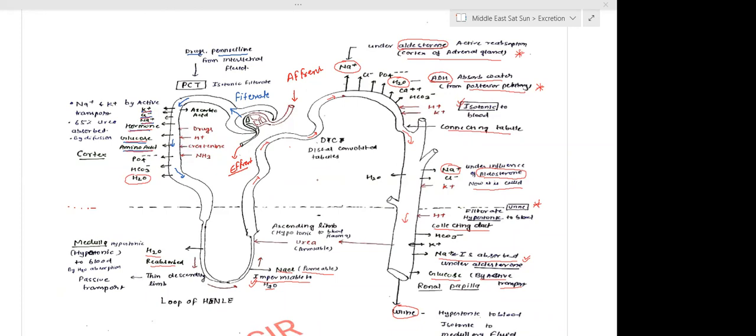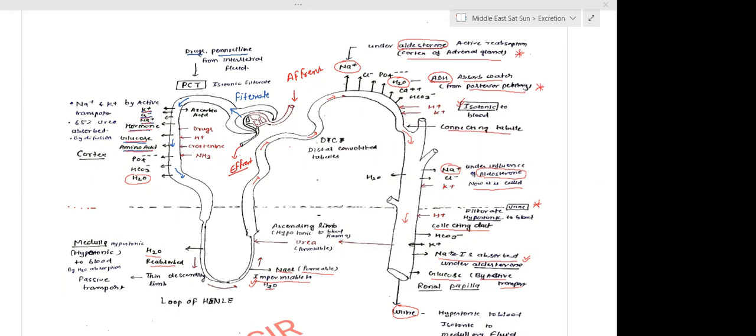On an average, 1100 to 1200 ml of blood is filtered by the kidney per minute.